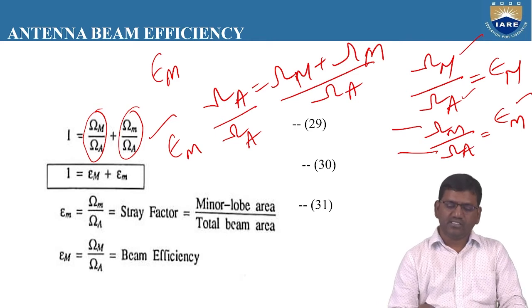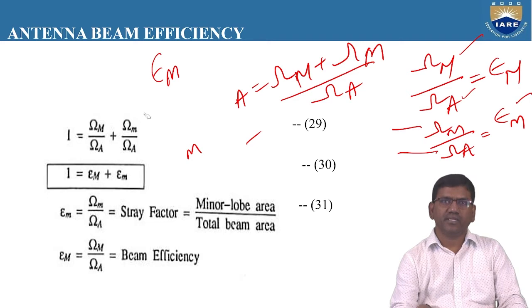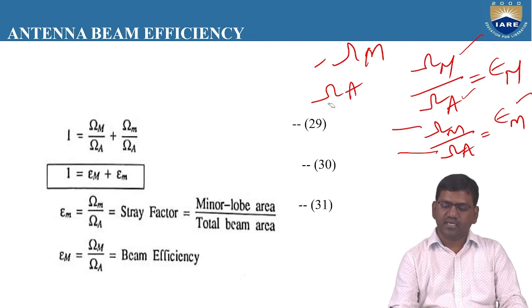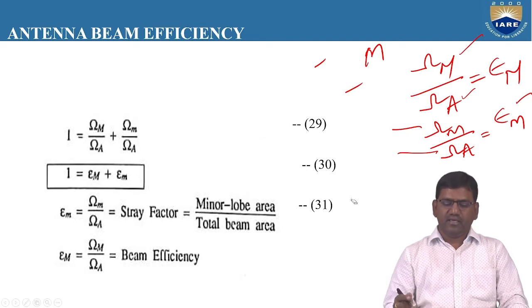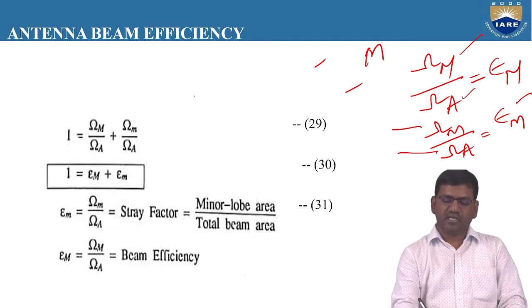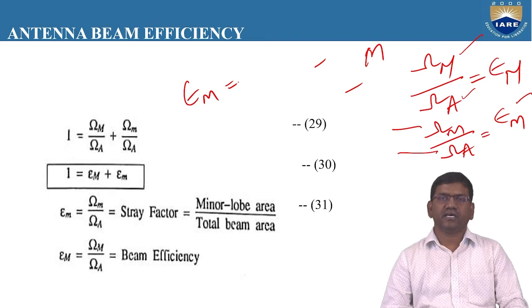So these are denoted by the symbols omega capital M plus omega small m. Here we can also indicate this omega small m by omega A by a new factor which is known as the stray factor. So epsilon small m can also be treated as one major loss of the antenna, which we call the stray factor.